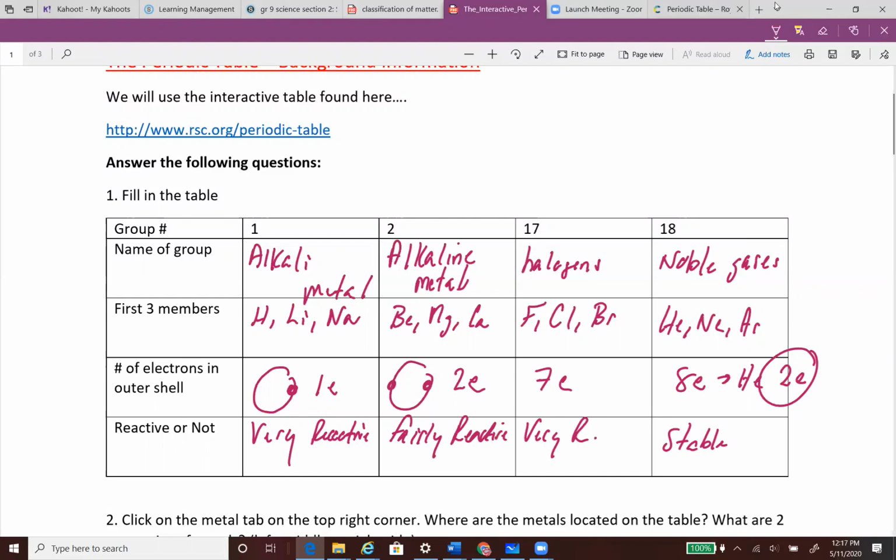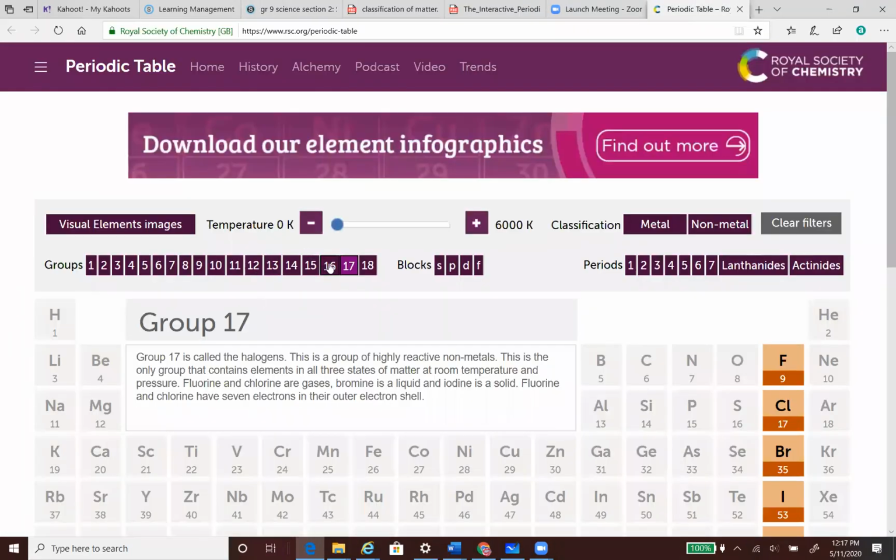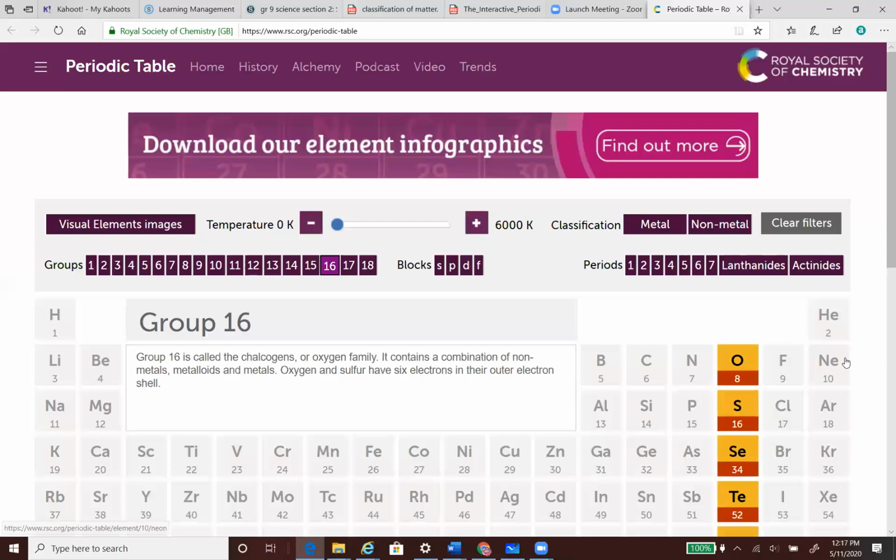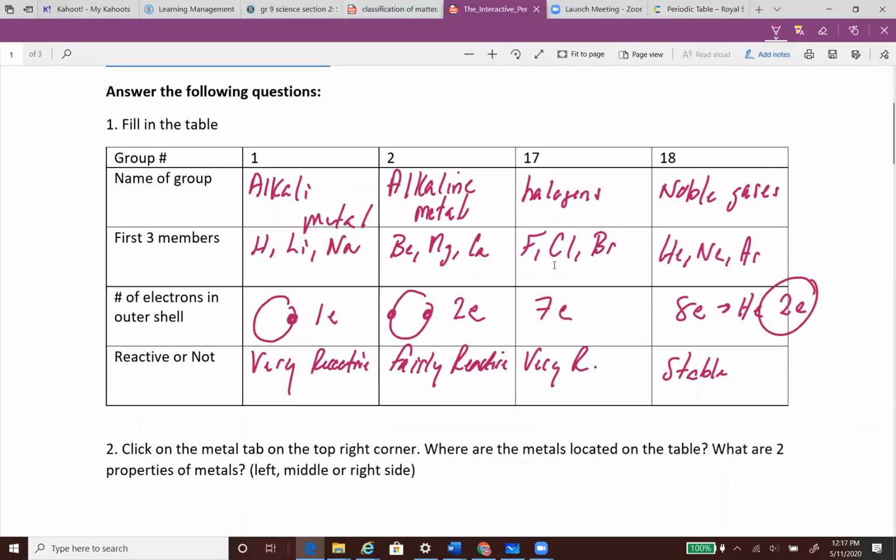Kind of like group 16. Group 16 is 2 away from being full, so they're also considered fairly reactive. Okay. Any questions so far about just filling in the table? This is all review from last time.